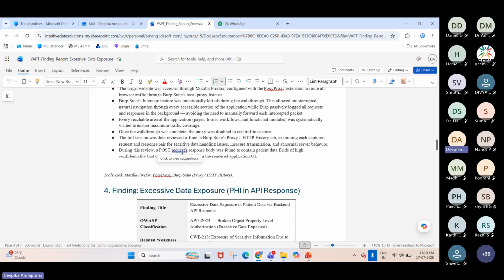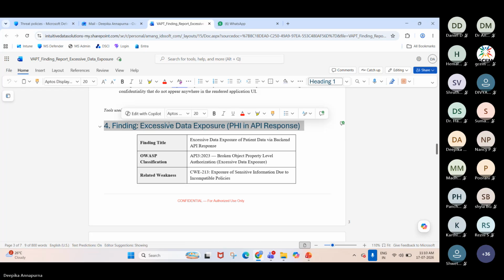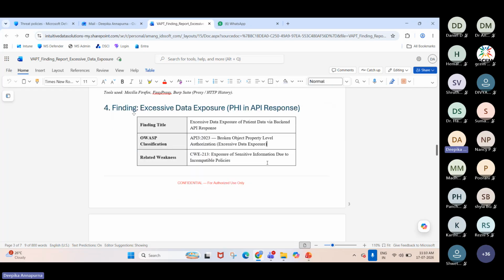So what they are doing? They found excessive data exposure in the API response. As I told you, API security is very important. APIs can expose your data directly. So what does the OWASP classification say? Broken object property level authorization, so exposing excessive data.